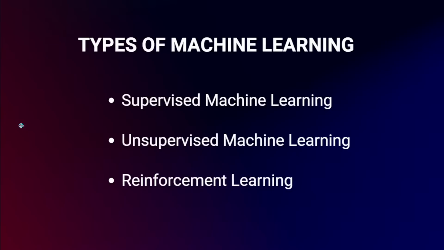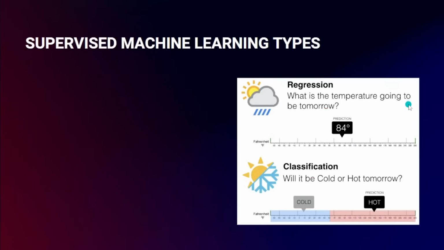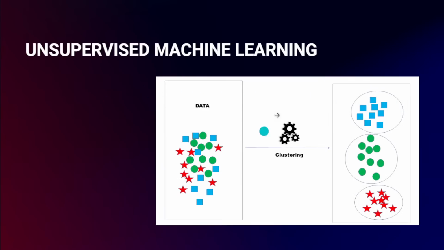So in the types of machine learning, we have supervised, unsupervised and reinforcement learning, where supervised has two types, classification and regression. In unsupervised machine learning, we don't have any label. We try to find clusters or relations between the data. For example, if I give this data, our model or algorithm should try to find relations between them and group them.